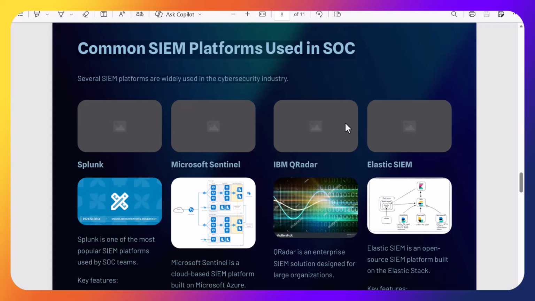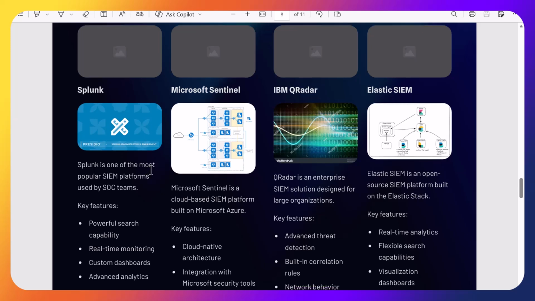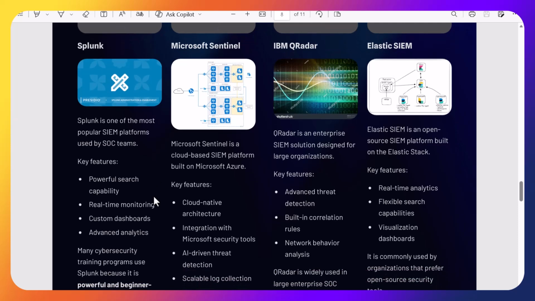Now, common SIEM platforms used in SOC. You have several SIEM platforms that are widely used across the cybersecurity industry. Number one is Splunk. Splunk is one of the most popular SIEM platforms used by SOC teams.